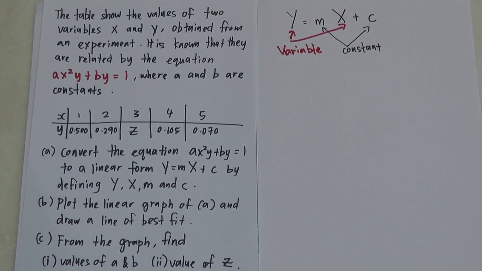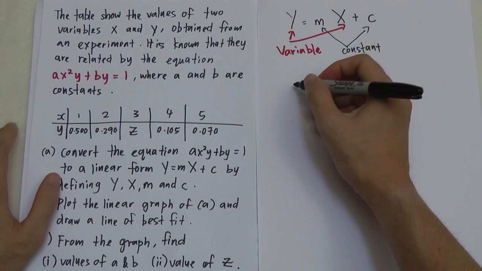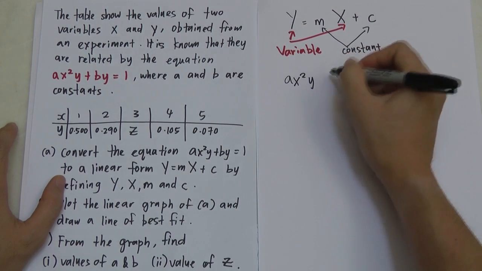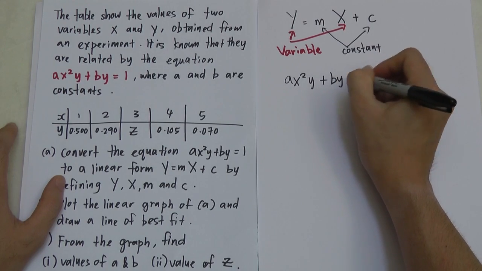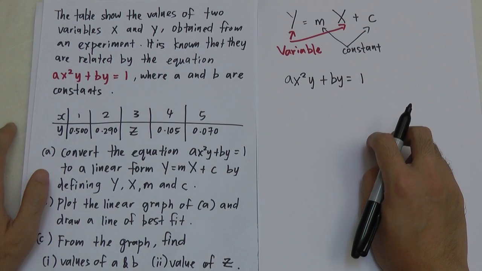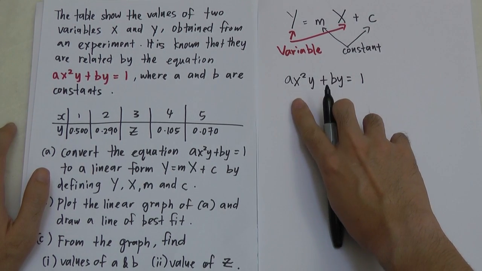So if you understand this, then let's see how to rearrange this into the y equals to mx plus c form. So I have ax squared y plus by equals to 1. Actually you have a few choices here. You can choose to divide by x squared, divide by y, divide by x, divide by y squared.